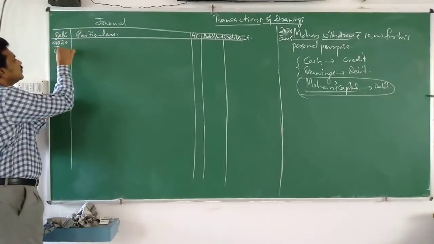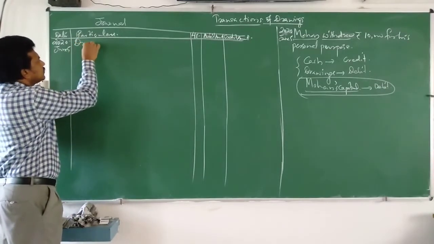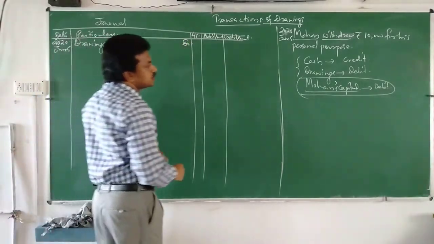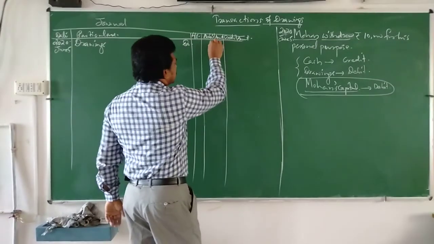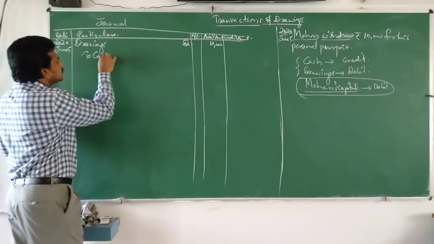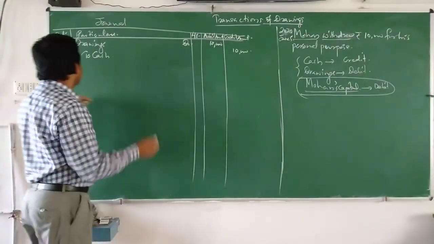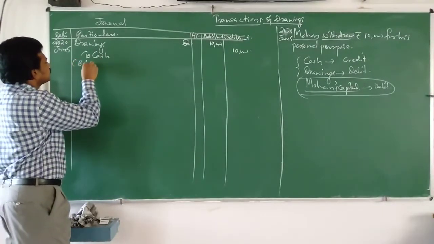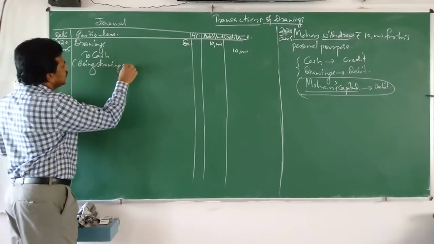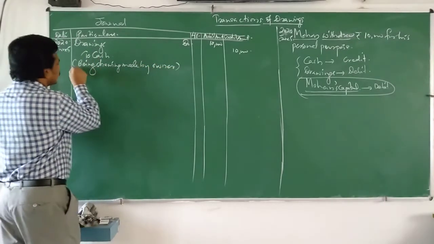Drawings debtor, how much? 10,000, to cash, how much? 10,000. Being drawings made by owner.